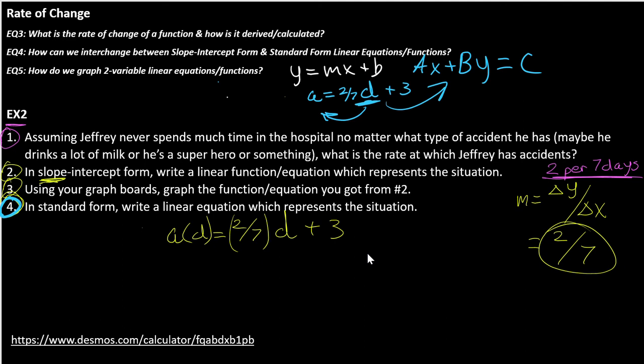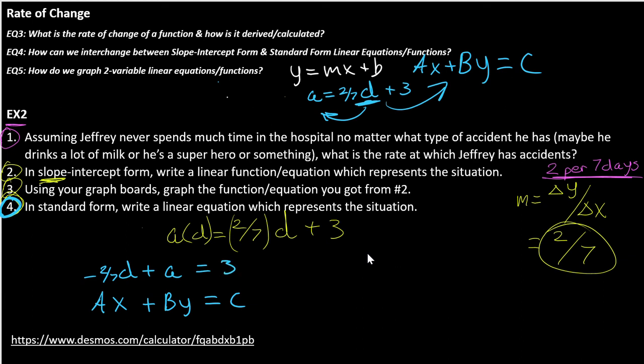We already know how to do that. So I'm just going to do minus 2/7 x. So a, and we've got negative 2/7 x, right? Because we want ax plus by equal to c. Okay, so this is what I have so far.